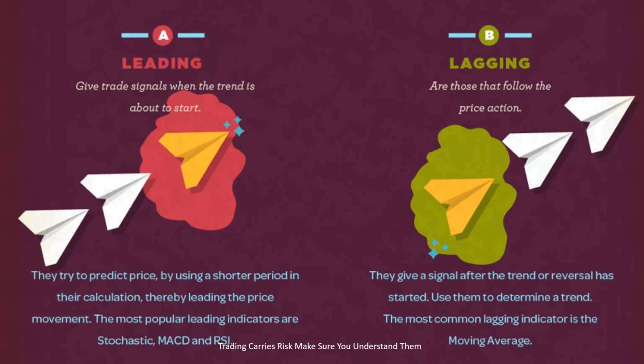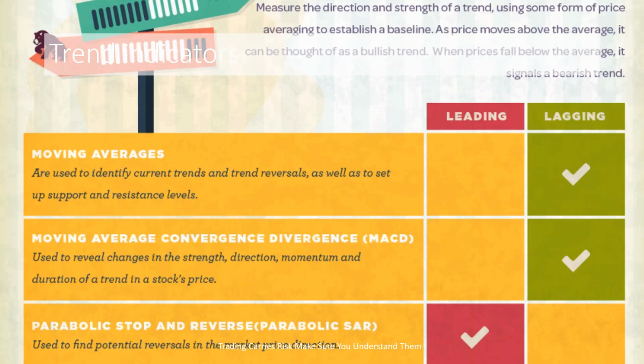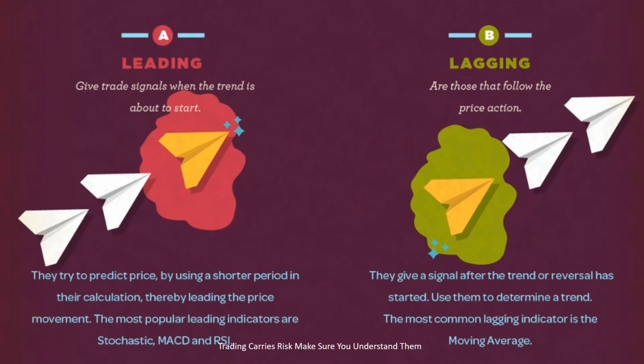So listen, we just told you MACD here is a leading indicator, but over here we told you MACD is a lagging indicator. MACD is one of the most interesting because it gives you three different pieces of information. It will give you overbought and oversold conditions, it will give you crossovers, and it will give you divergences.